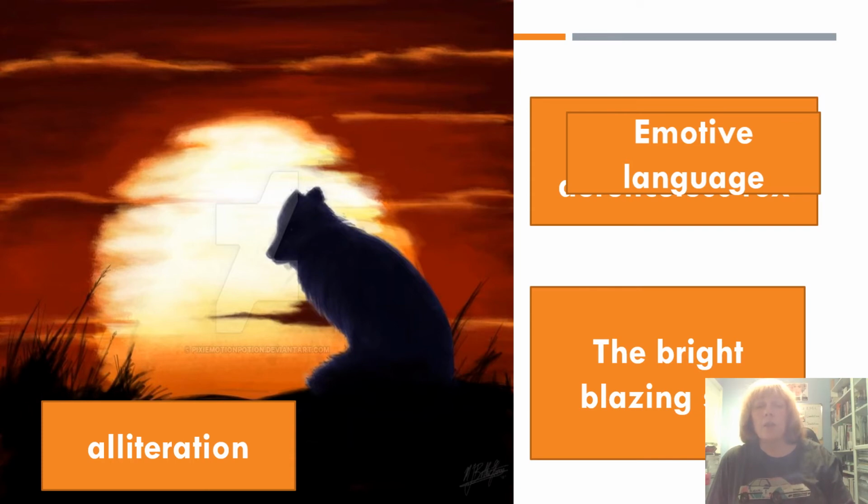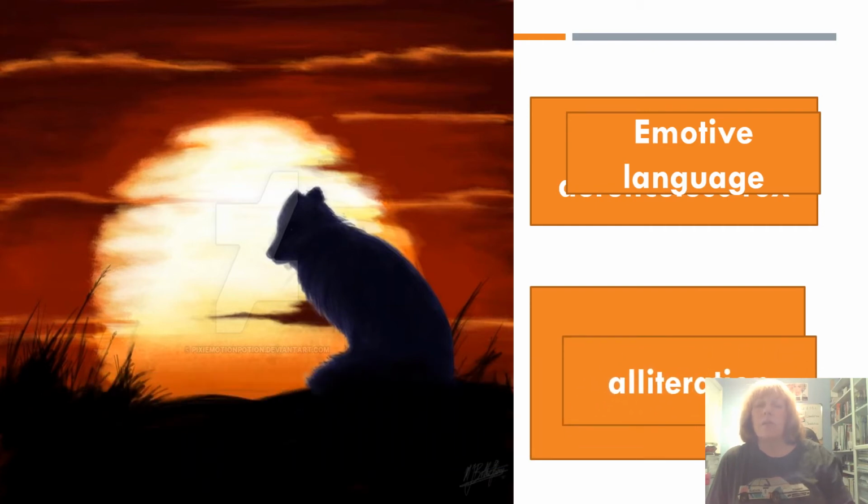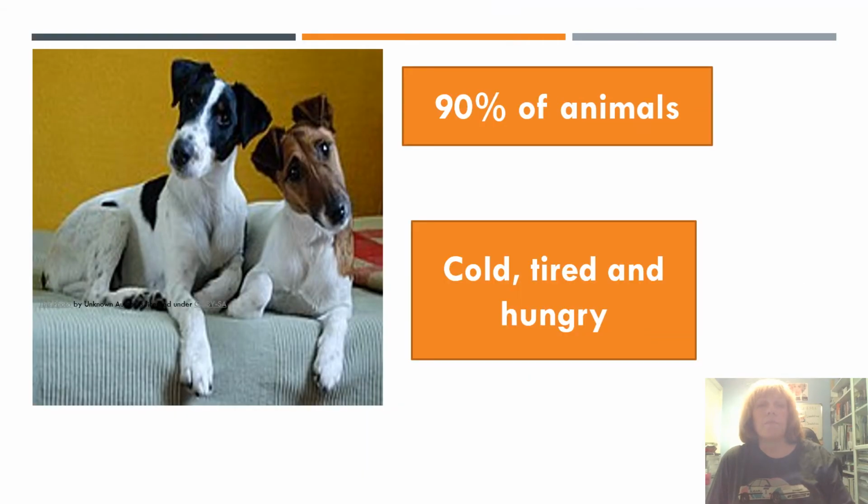So alliteration, you can see that my video there has covered over the word sun and it gives you the alliteration bright, blazing. So that uses alliteration. Well done if you got emotive language and alliteration correct.